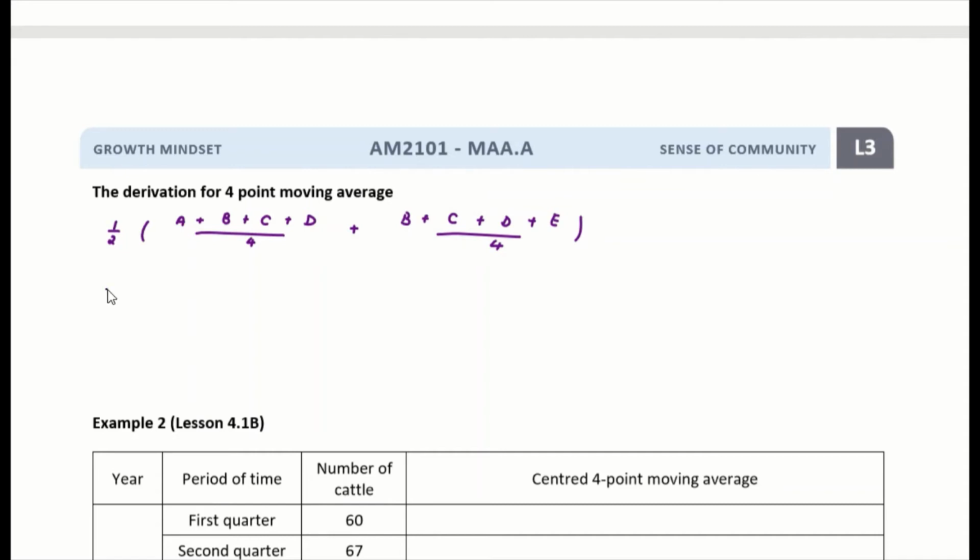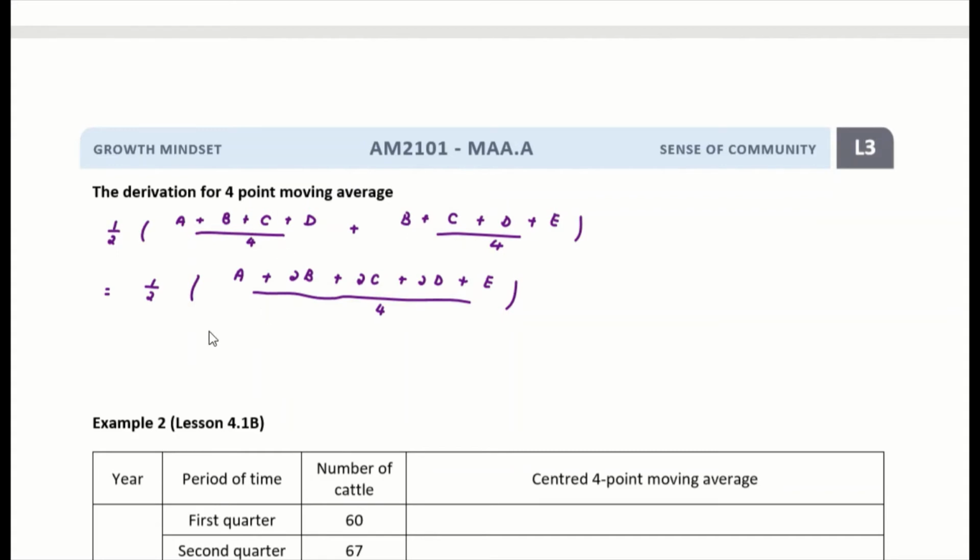We can leave 1 over 2 outside. Then you'll realize that this is over 4, this is also over 4, right? So in terms of fractions, we can add them up together in the numerator. A only has 1, so you're left with A. Then B plus B gives you 2B. C plus C gives you 2C. D plus D gives you 2D. Then E only has 1, so plus E, and then divide by 4. Okay, so this is the answer that you have after you add them up together.